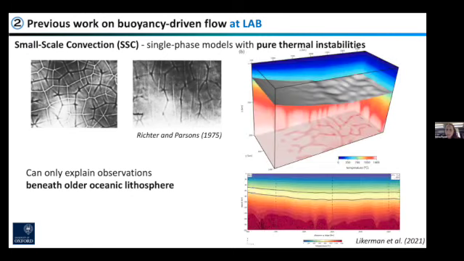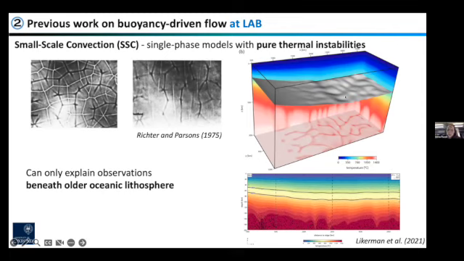And fast forward, there's been quite some research recently on this topic in 2D and 3D models, such as this one from 2021, where we can investigate the dynamics of small-scale convection and how the instabilities form.